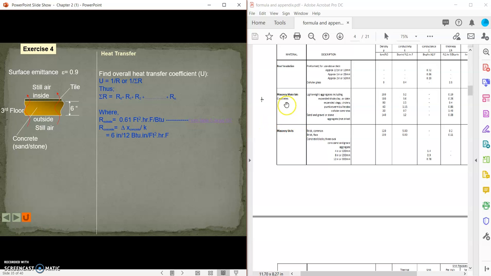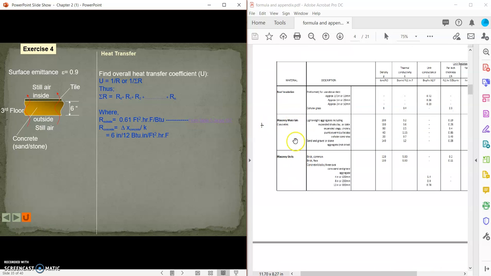Now this is the concrete above the masonry unit here, and the property is sand or stone. So now sand and gravel or stone here. The value of thermal conductivity here is 12. So we can get the R value: 6 divided by 12 is equal to 0.5.